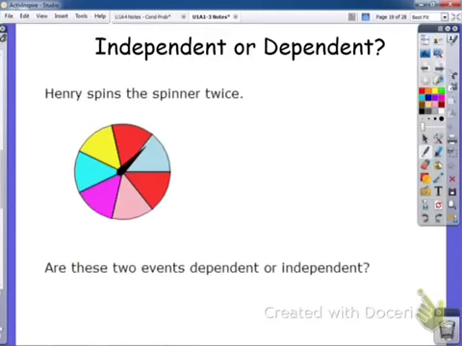If you spin the spinner, it goes around, lands on red, then you spin it again. Does the next result really depend upon the fact that it had landed on red? No, it doesn't, does it? So is the second one dependent upon the first? No. They're independent.